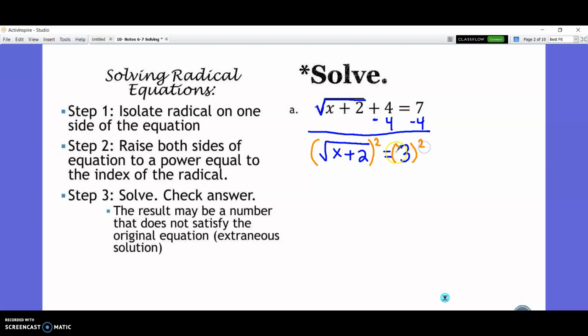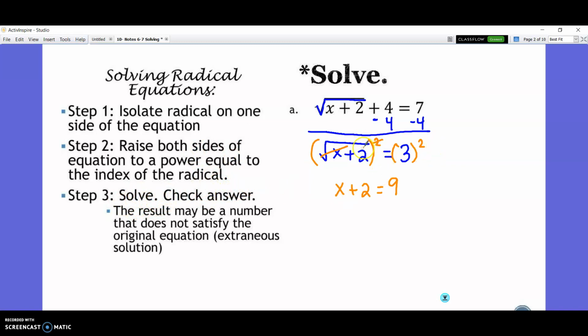The inverse of squared is square root, and the inverse of square root is squared. So these two would cancel out and you'd be left with just the x plus 2 equals 3 squared, which is 9.